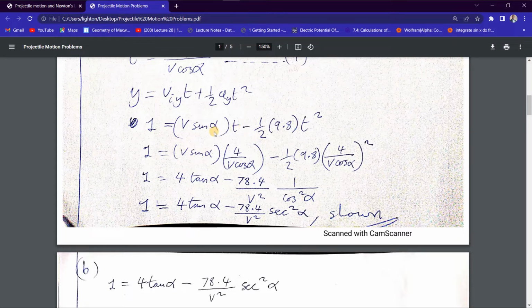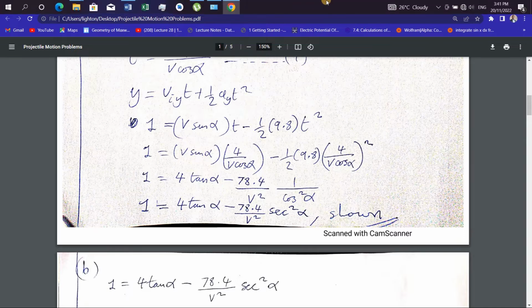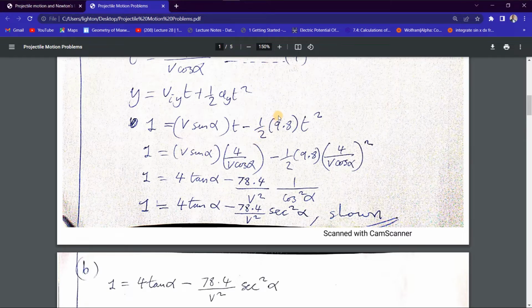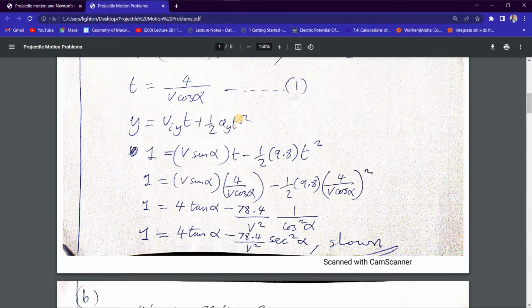So whatever vector is going up is positive and whatever vector is going down is negative. That's why our gravity has a negative sign here. So y equals v sine alpha times 4 over v cos alpha. This is just the time which we made the subject of the formula.